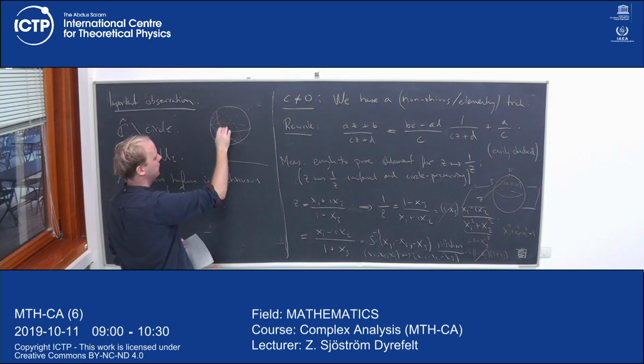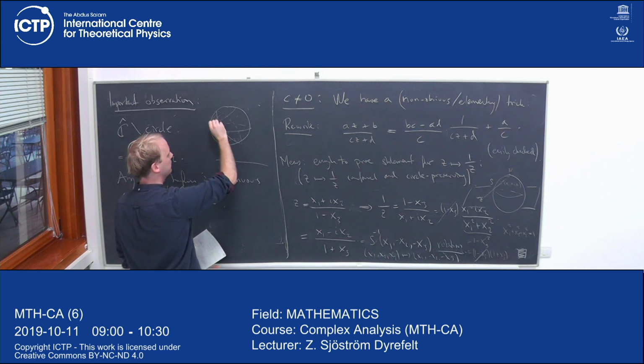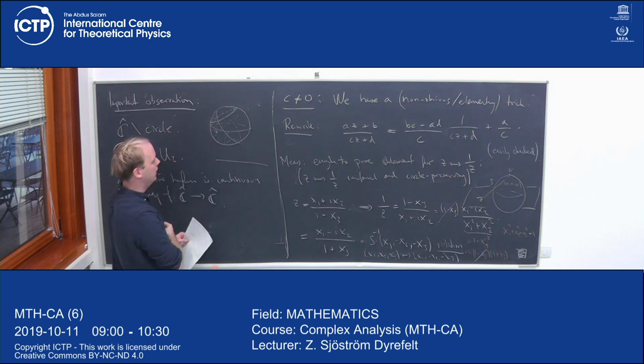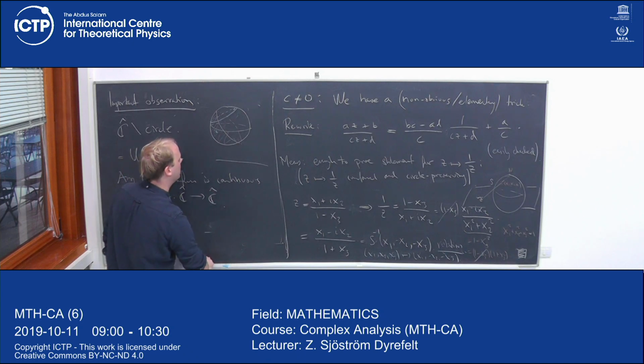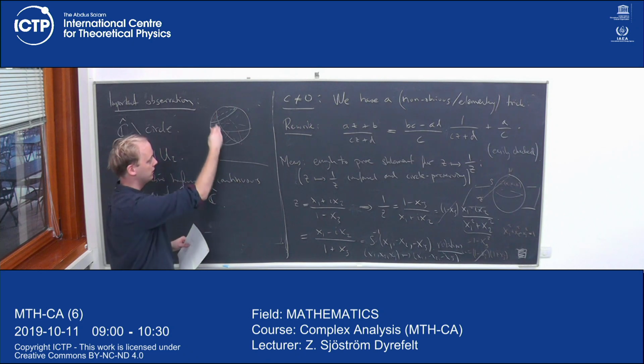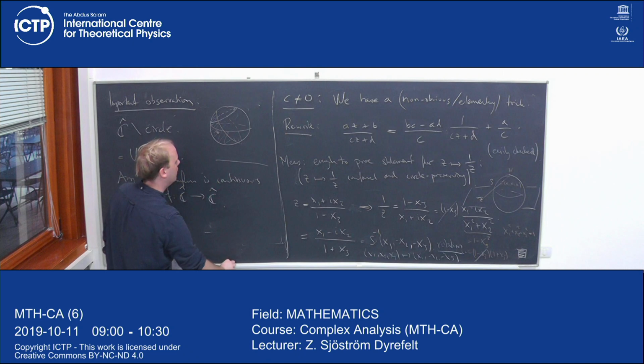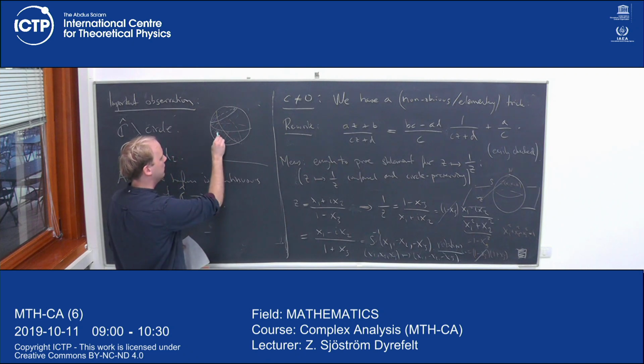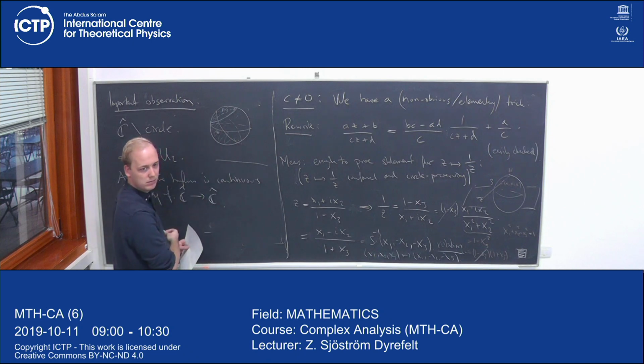First of all, this circle is mapped onto a circle, let's say this one. Now we take some z on one connected component of the initial part, and it is mapped, let's say, to here, f of z.